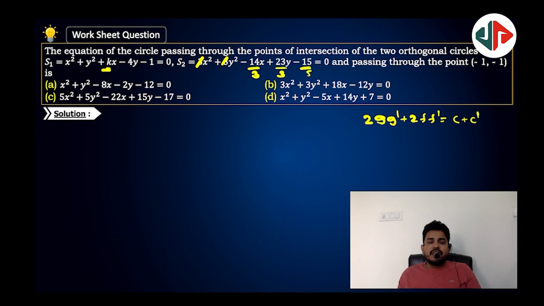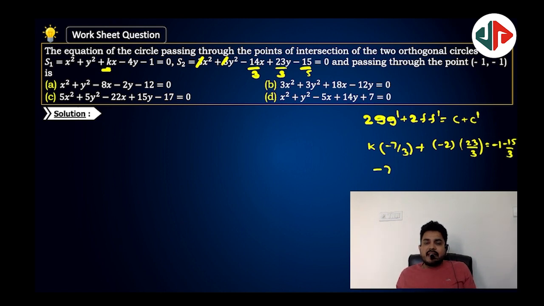2gg dash, so k into minus 7 by 3 plus minus 2 into f, f dash is equal to 23 by 3, is equal to minus 1 minus 15 by 3.